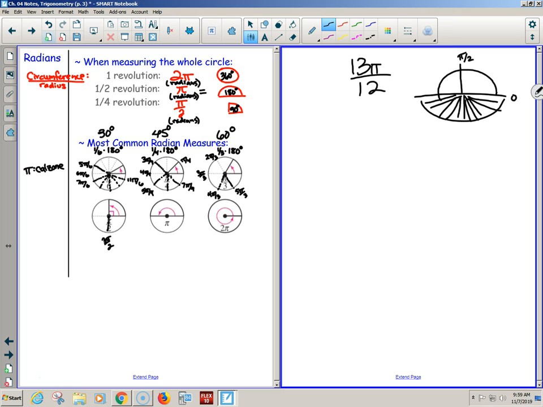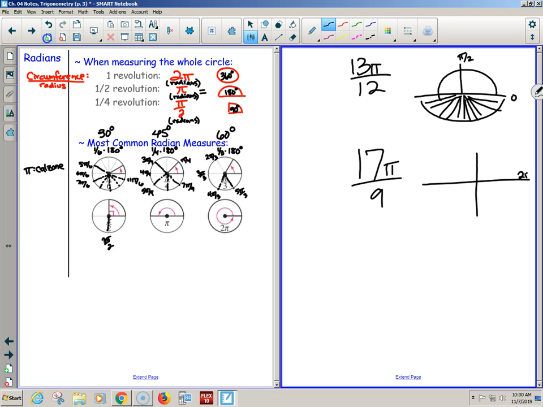Or if I gave you 17 pi over 9. What quadrant is that one? 4. How'd you know, Dylan? Because it's not 18. And what's 18? It would be 2 pi.